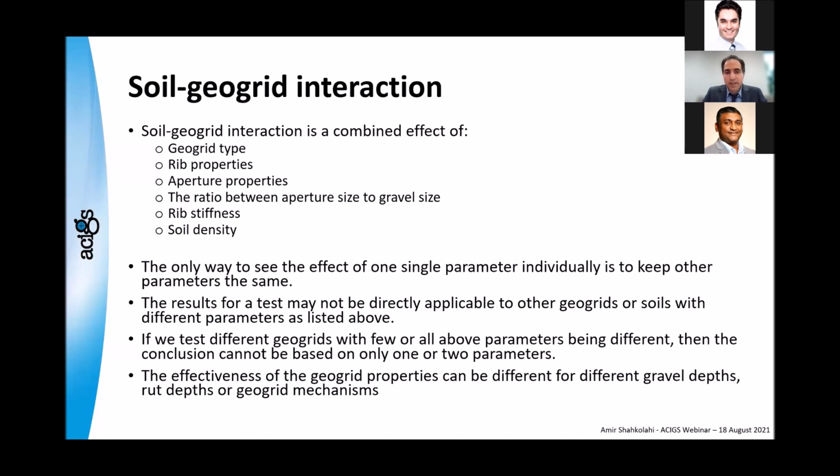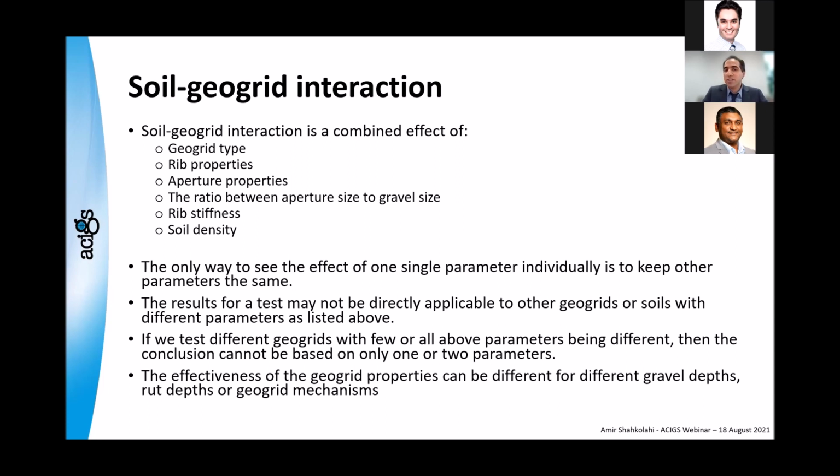The results for a test may not be directly applicable to other geogrids or soil with different parameters as listed above. If we test different geogrids where a few or all of the above parameters are different, then we cannot conclude on only one or two parameters. This is something interesting in the last point: the effectiveness of the geogrid properties can be different for different gravel depths, rock depths, or geogrid mechanisms.